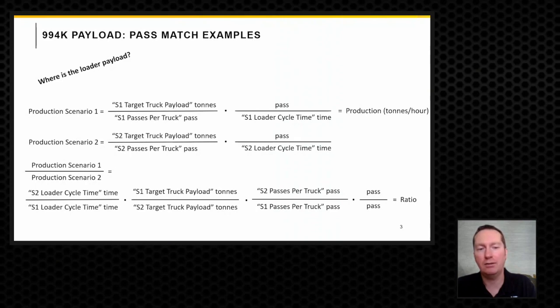So the key here is we have to look at the truck first, figure out how many passes we can size the bucket for, and once you've done that, then you can move on to a successful match between the wheel loader and the truck.